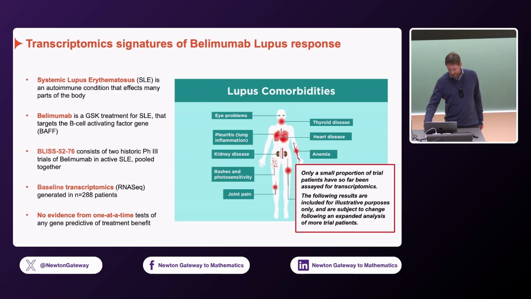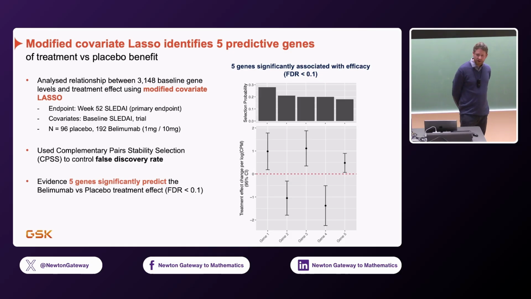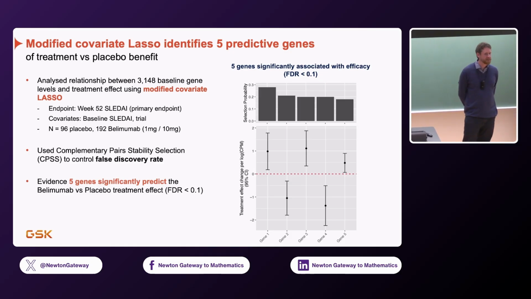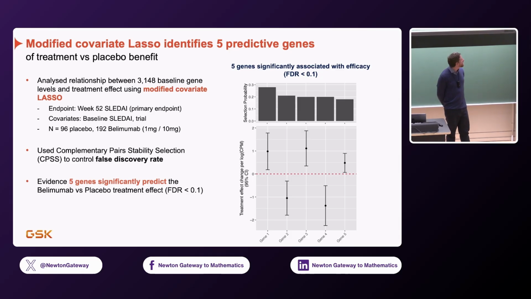So we were asked to try applying some of the causal ML approaches. We focused here on modified covariate lasso because the goal here, I think, was to understand as opposed to predict. So we're much more interested in feature selection, what genes may have been driving the differences in efficacy.